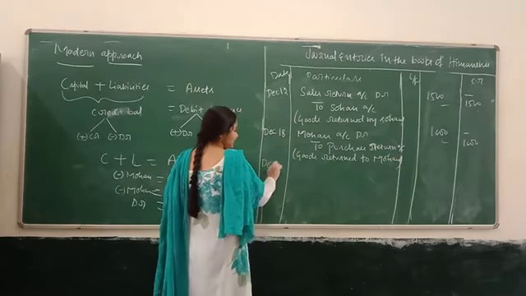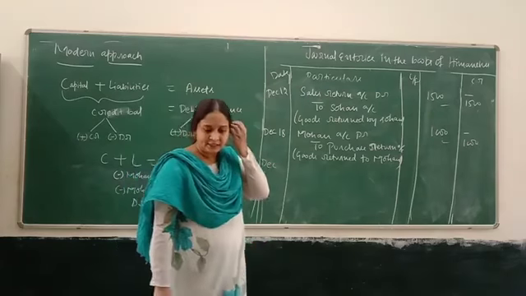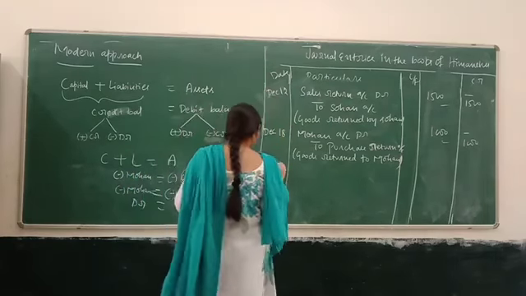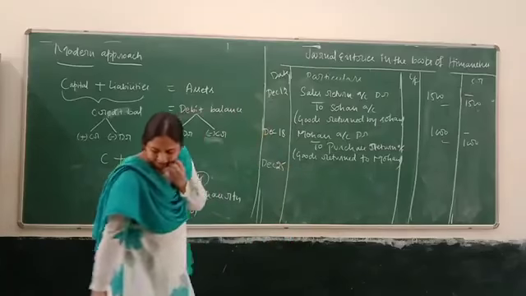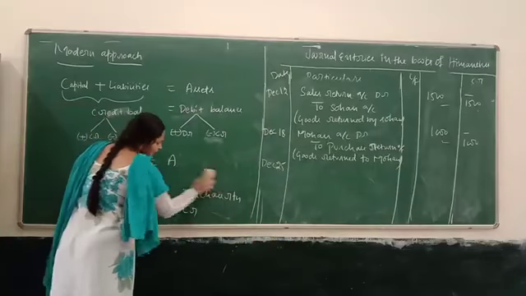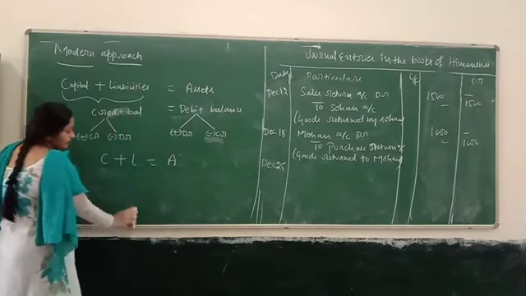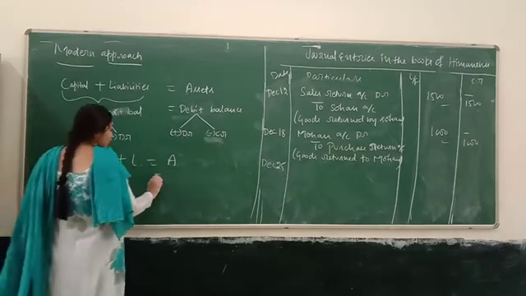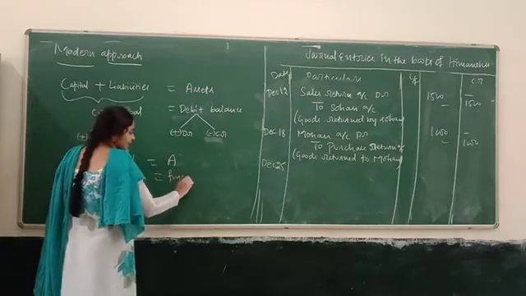Next journal entry is December 25th. Purchased furniture from Deepak. This is the last journal entry. So, due to this transaction, what is happening? We have purchased furniture.